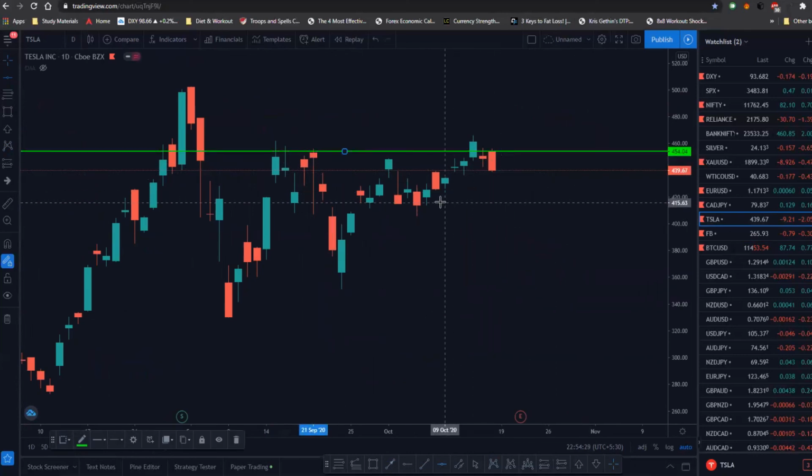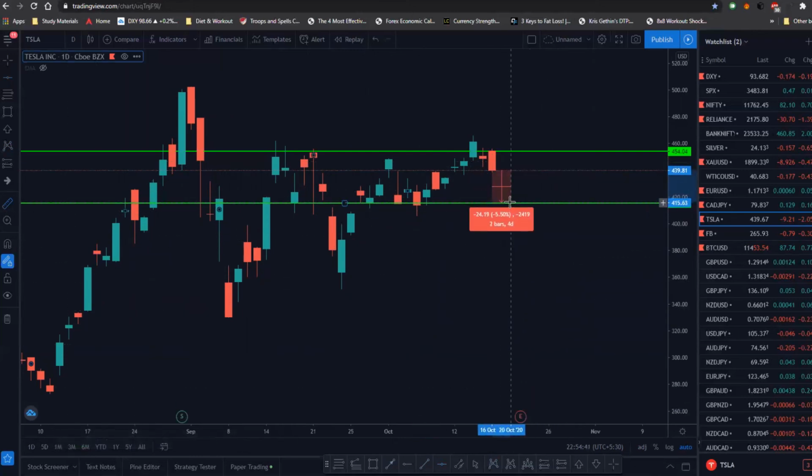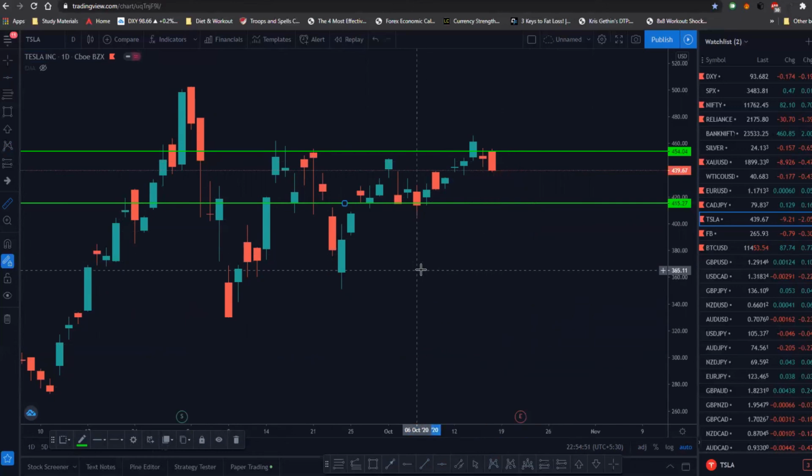So again, just by looking at the market structure, I'm expecting it to go and test till here. All right. Now that's around a $24 move. And that's good enough if you're going for options trading or futures trading. All right. So basically that's it.